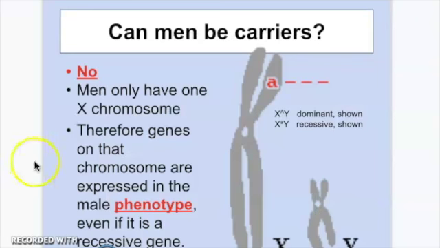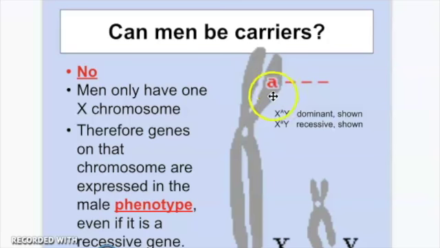Okay, so that leads me to this question of, can men be carriers for an X-linked recessive disorder? No, they can't. And honestly, they can't be carriers for any of these. And that's because they only have one X and they have one Y. Regardless if the allele that they got was dominant or recessive, they'll get one copy of it, and that's the phenotype that they'll possess and show.